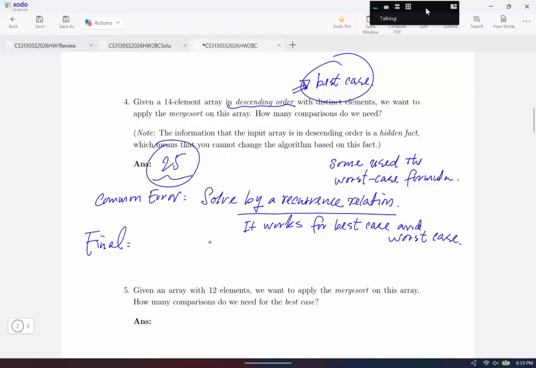In the final, the input is neither the best case nor the worst case.